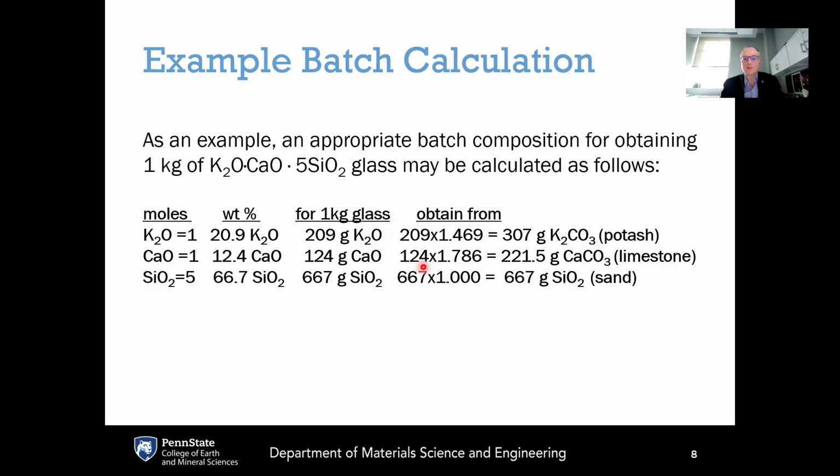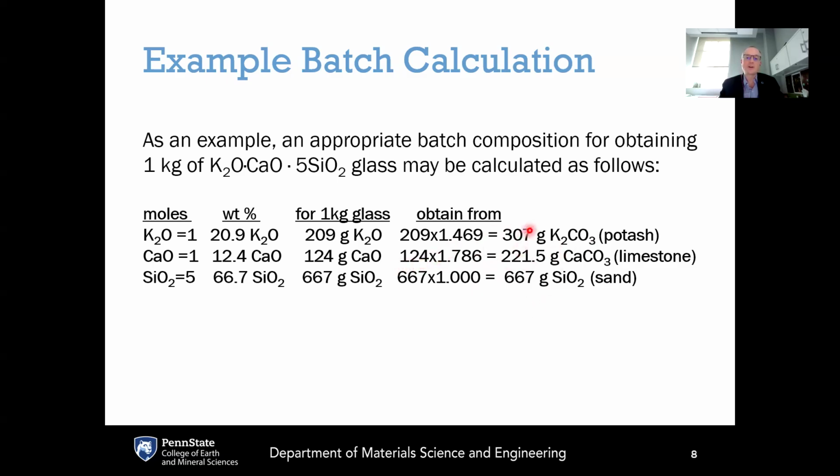Or likewise, for batching calcium oxide with calcium carbonate, we need to take our desired 124 grams of calcium oxide multiplied by its batch factor of 1.786, which means that we need 221.5 grams of calcium carbonate in order to end up with 124 grams of calcium oxide.